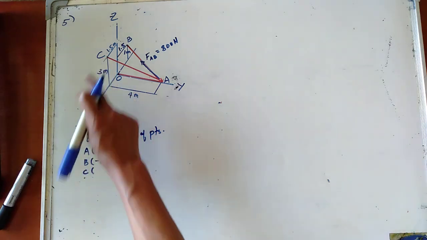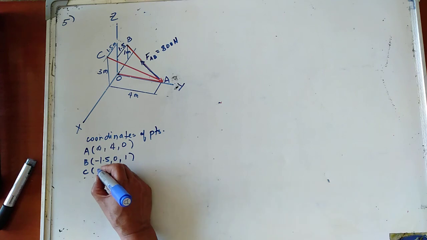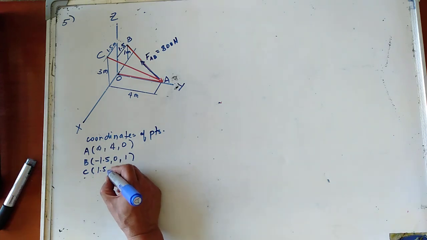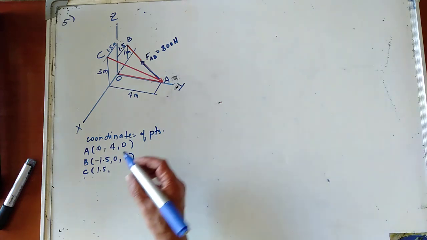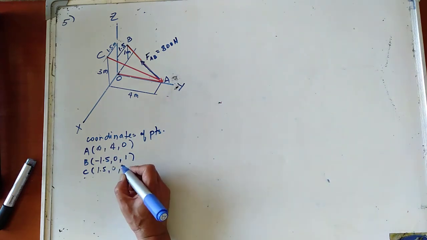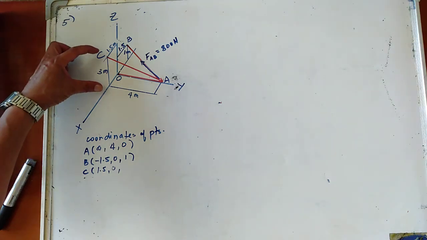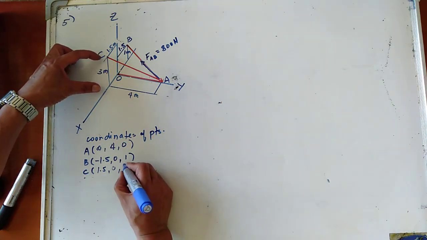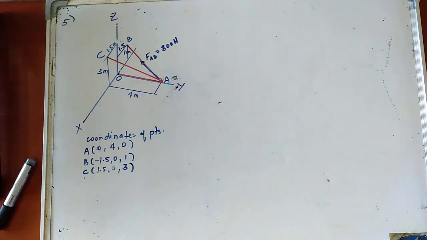And then at point C, the x-coordinate is positive 1.5, the y-coordinate in here is equal to 0, and the z-coordinate is equal to 3.